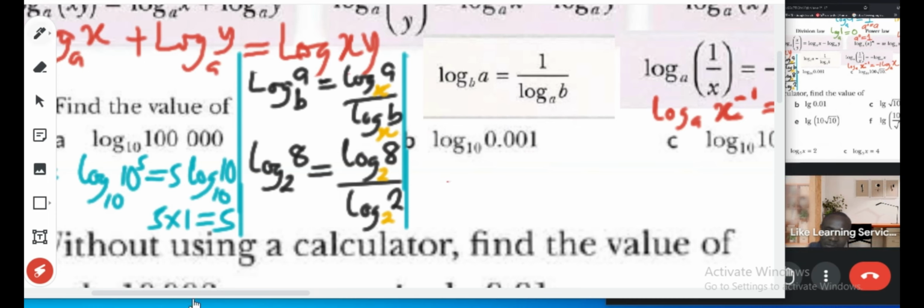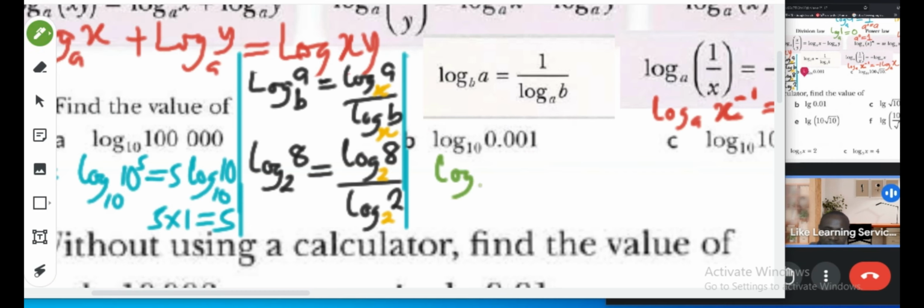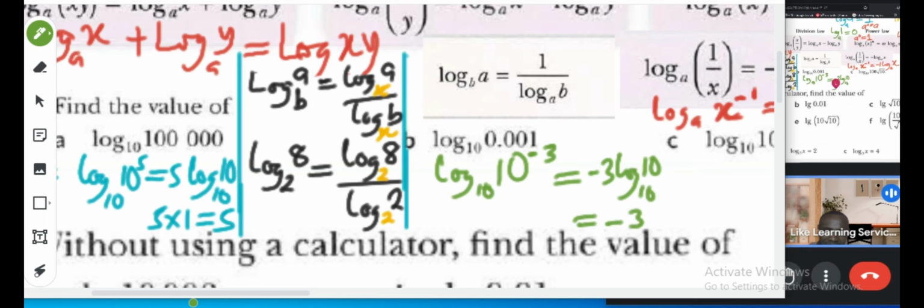So this is the same thing as, let me write it in green, log in base 10, then 10 raised to the power minus 3. So what should be the answer? Minus 3 log in base 10, 10, which is simply minus 3. The answer is minus 3. Do you agree?